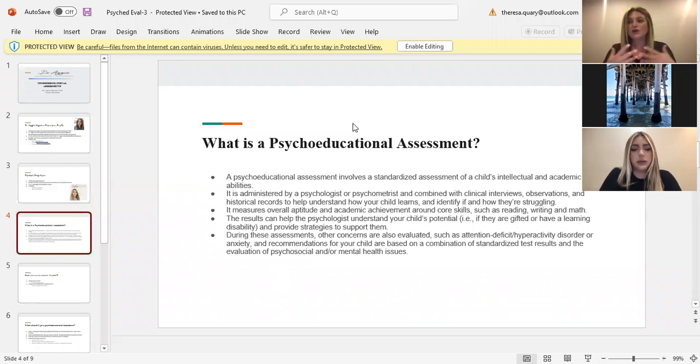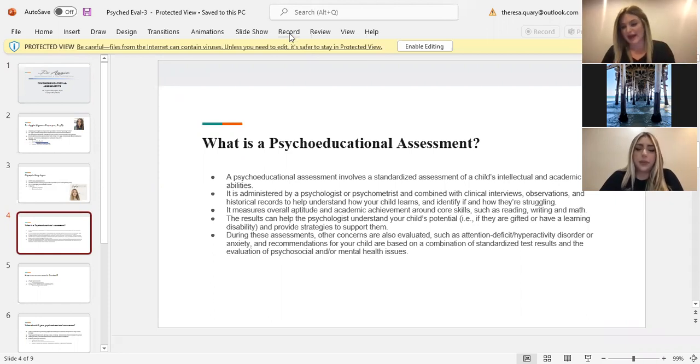Oftentimes we have children who have lots of amazing skill sets and abilities, but for some reason, they're not able to put all the information that they have here on paper, or they're not able to perform on a test or answer questions on command when their teacher asks them. So through a psychoeducational assessment, we are able to provide a comprehensive and holistic perspective of your child's true abilities.